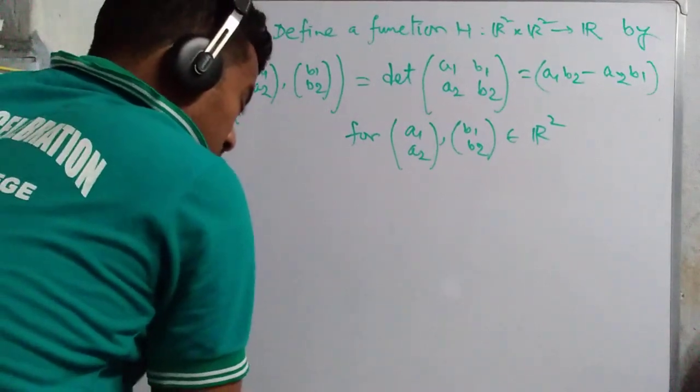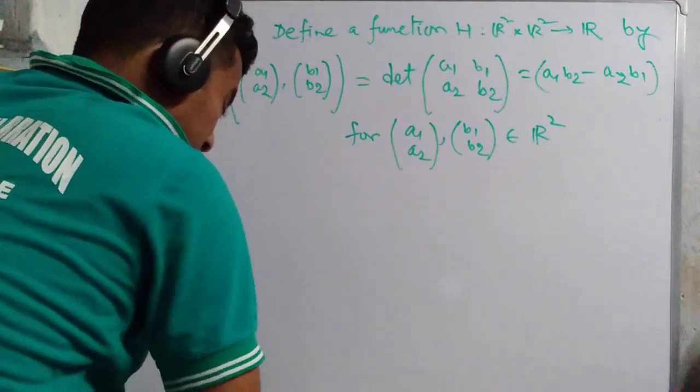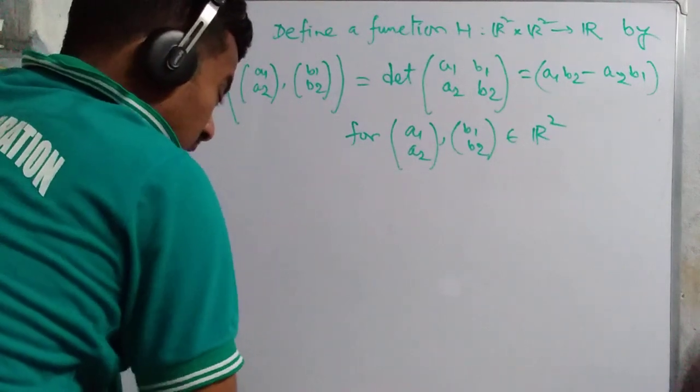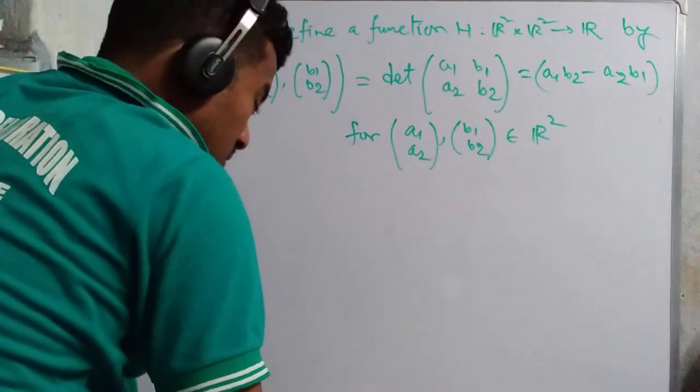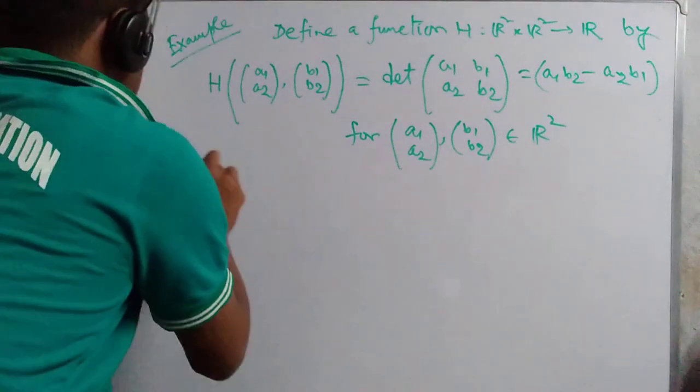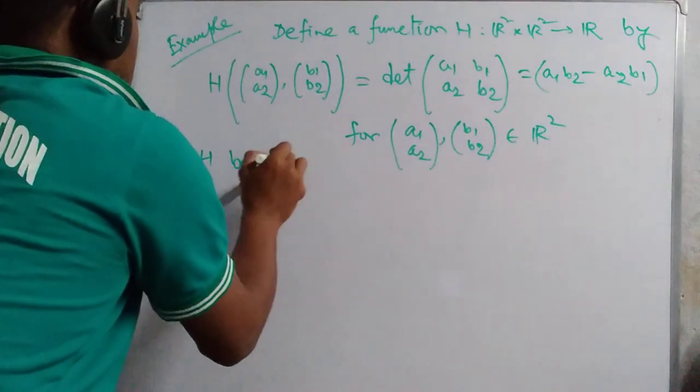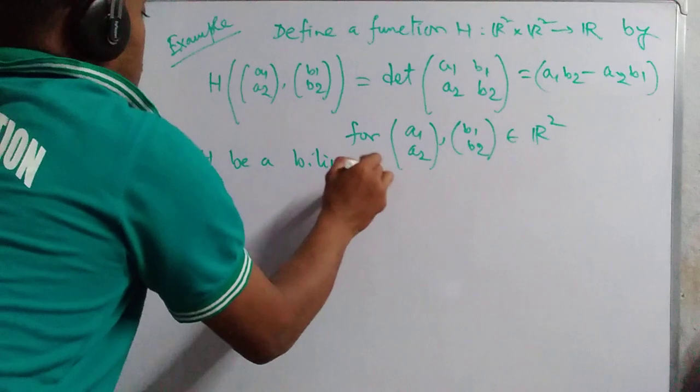Now we have shown that h is a bilinear form.